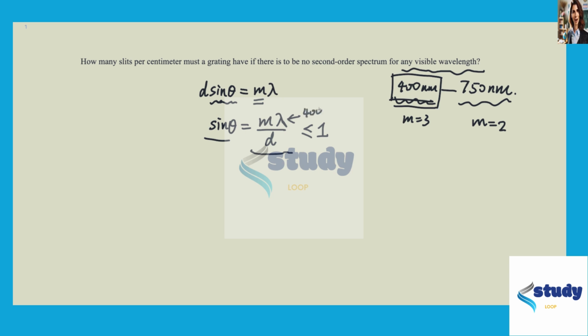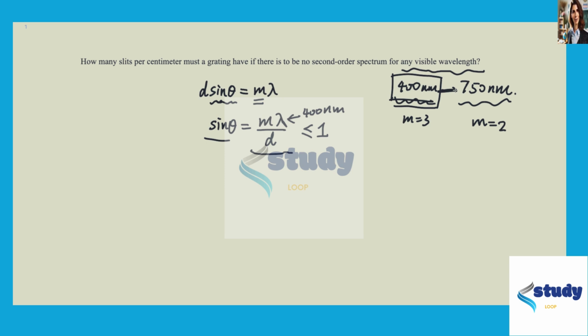In other words, if we are sure we are not going to see the second-order spectrum for 400 nanometers, then we are 100% sure that we won't see it for any wavelength larger than 400 nanometers. That's why we should use the lowest wavelength of visible light to find the slits per centimeter that we're looking for.